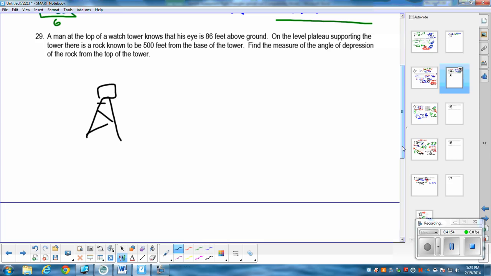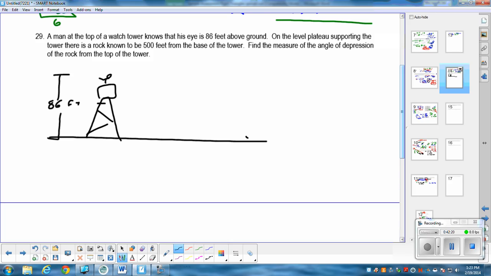So we have a man on top of a tower. He also has bad posture. That we know is 86 feet above the ground. We have a level plateau, which is nice.